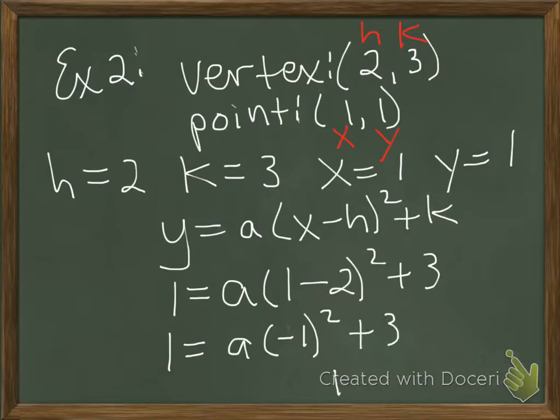So I have 1 equals a times negative 1 squared, which is 1, plus 3. So I'm going to subtract 3 from both sides to find out what a is. So I'm going to go to the next page for that. 1 equals a plus 3.